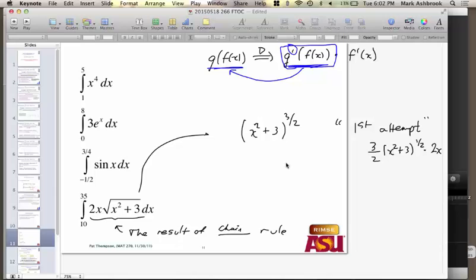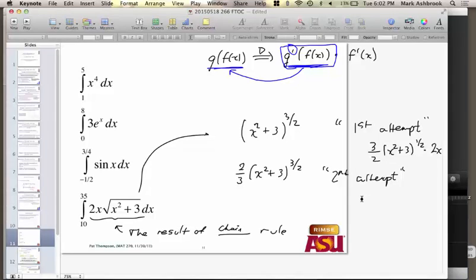So that's the first attempt. The second attempt is going to be 2/3 of x squared plus 3 to the 3/2. How can I check the second attempt? Take the derivative.